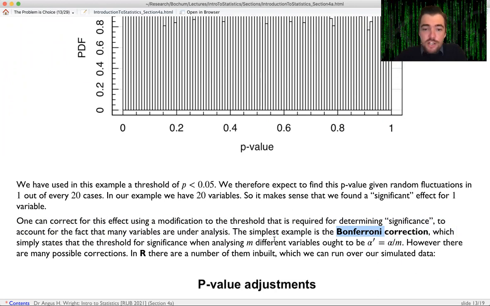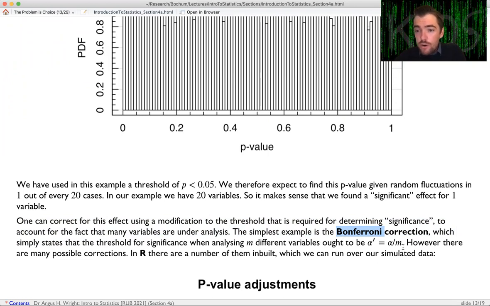That basically just says that for m different variables that you have looked at, your threshold should be whatever the initial threshold was, alpha, so in our case 0.05, divided by m. Okay, so if I observe 5 different variables, my threshold should be 0.05 divided by 5. If I observe 20, it should be 0.05 divided by 20.